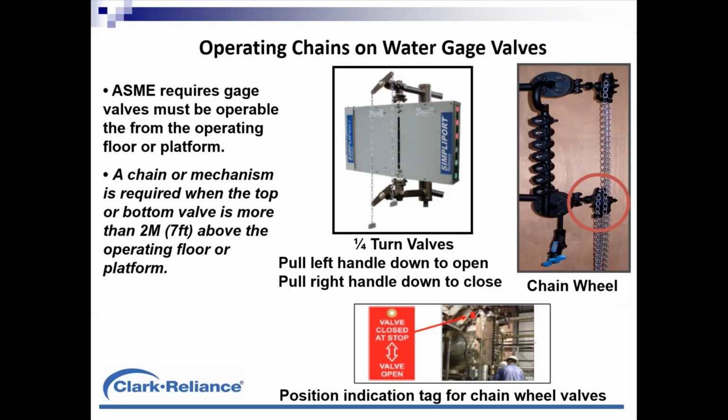If someone installs a single loop of chain between the two valves, what's likely to happen is the first valve to close stops the chain. Hence, what you see here is separate chains for each valve.